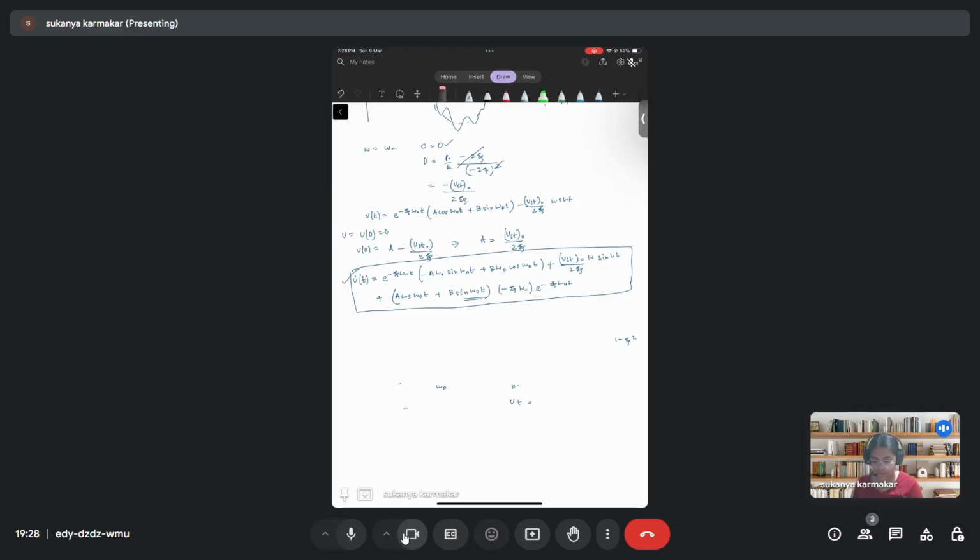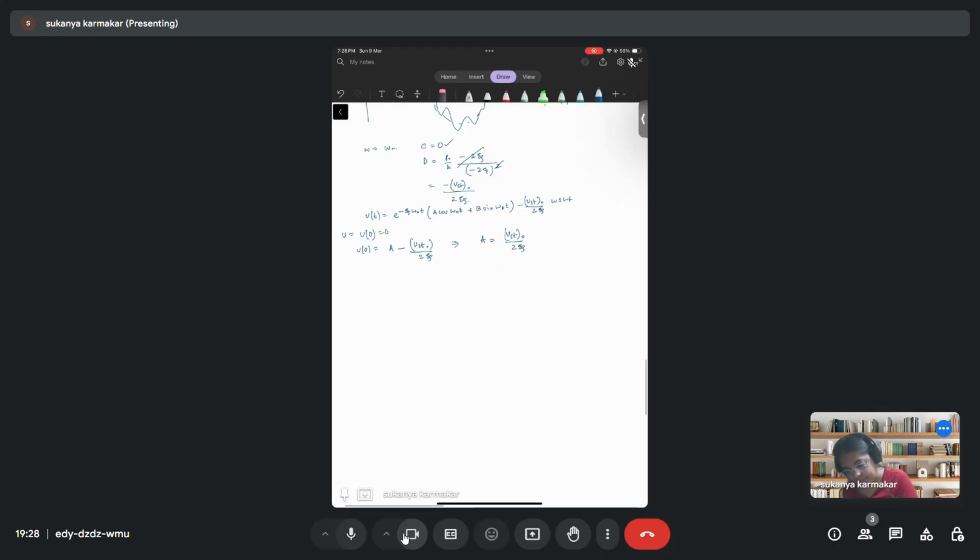I'll try to derive it and put it in the notes. For the time being, I'll just mention what is the value of b which you should be getting. So the value of b you should be getting is ust naught by 2. This is the value of b which you should be getting.